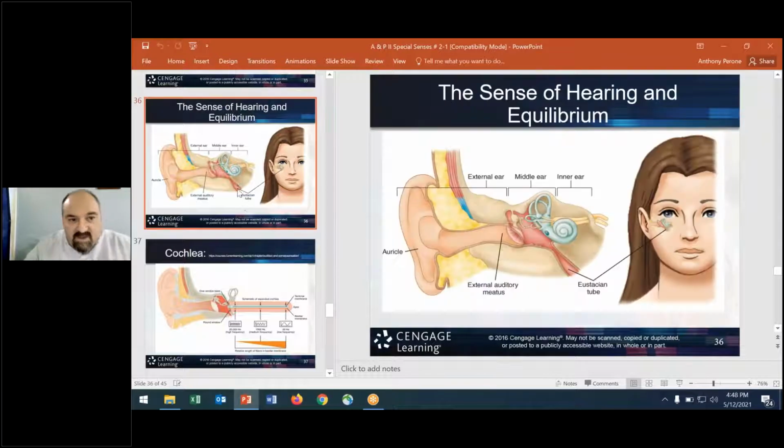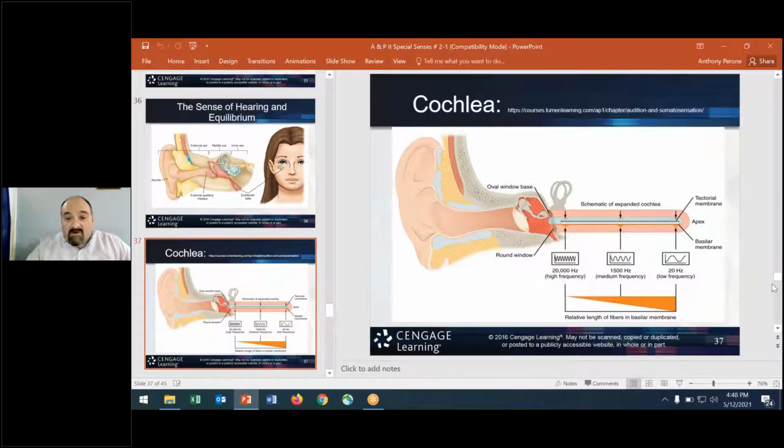As far as reviewing your sense of hearing and equilibrium, I like this image because it really helps us understand what's happening in the cochlea.